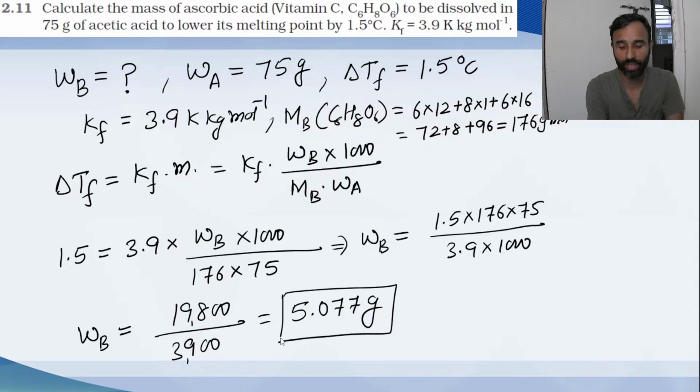So this is the mass of ascorbic acid to be dissolved in 75 gram of acetic acid to lower its melting point by 1.5 degree Celsius.